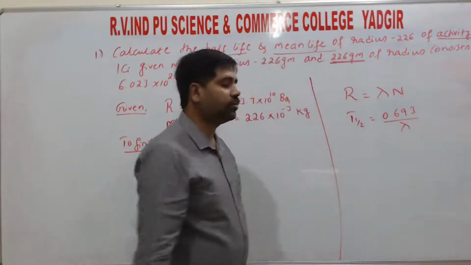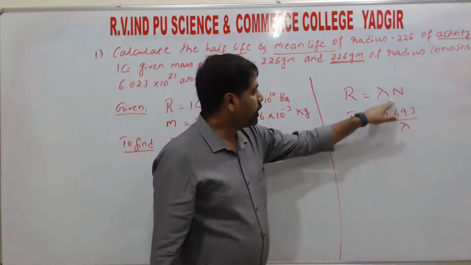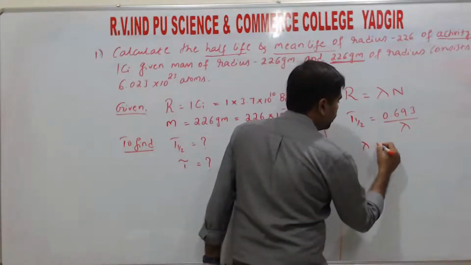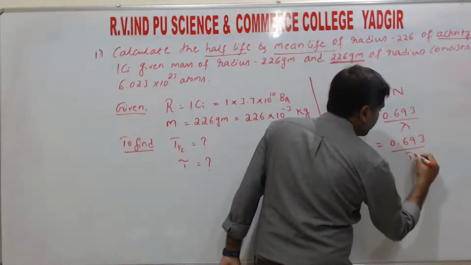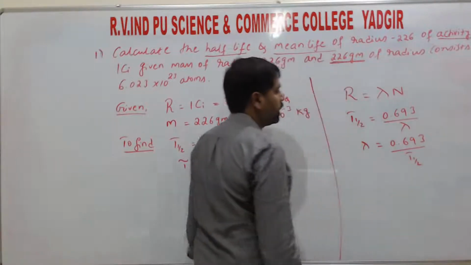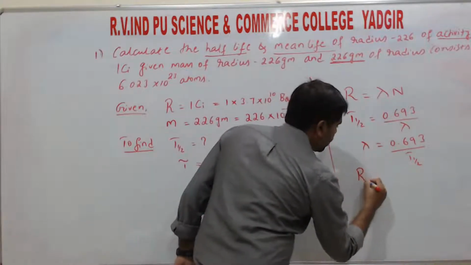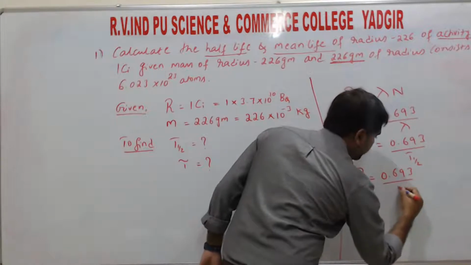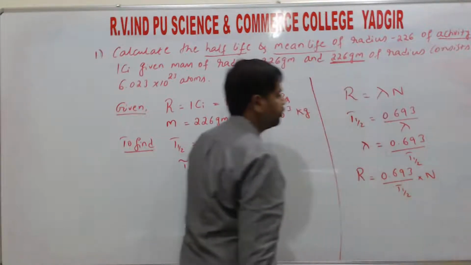This is the relation between the half-life and the decay constant. So lambda is equal to 0.693 divided by T half. Now substitute this lambda here: R is equal to 0.693 divided by T half into N.